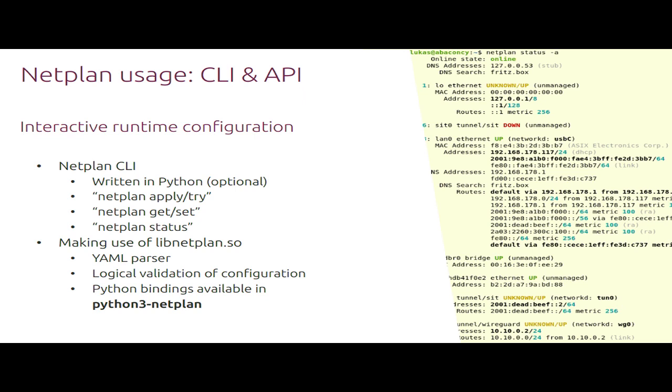It will list all the routing information, the DNS data, and stuff like that. And if one of the interfaces is managed by Netplan, like, I'm not sure if we can see it on the screen here, this one, the LAN 0 interface in this case is managed by systemd-networkd, and it will show the backend that is actually being used to manage that interface.